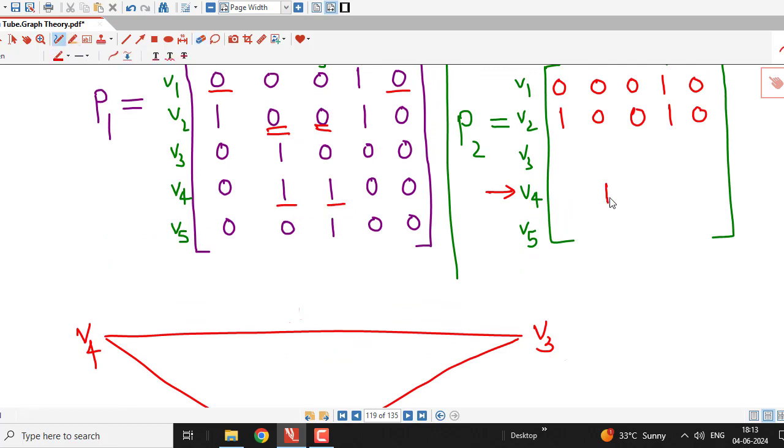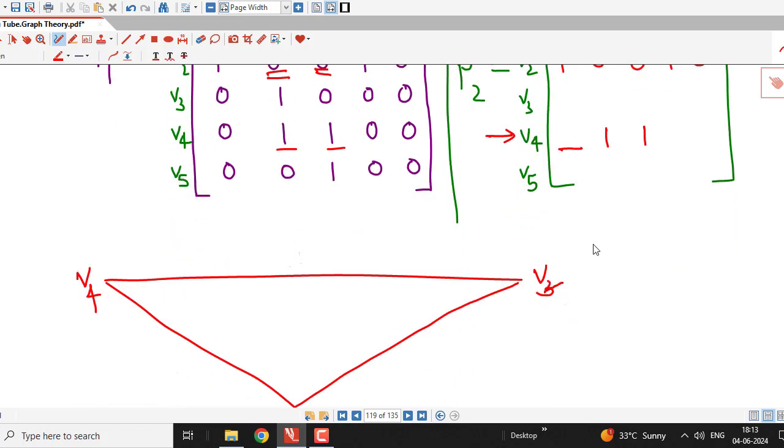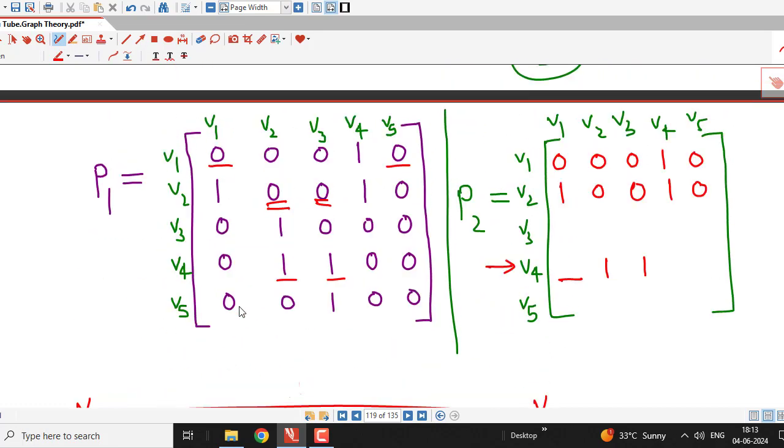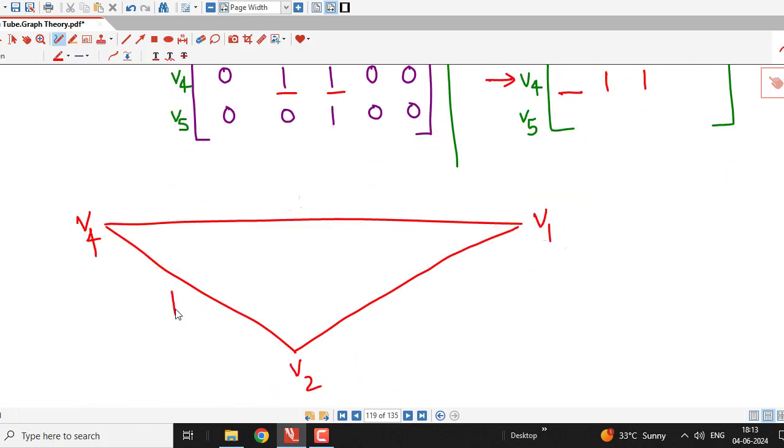So we have 1 at these two positions for V2 and V3. So we start with V4 to V1. So let me remove this. This is from V4 to V1. This is fixed. V4 to V2 is fixed. So that is 1 here. From V4 to V2 we have 1.